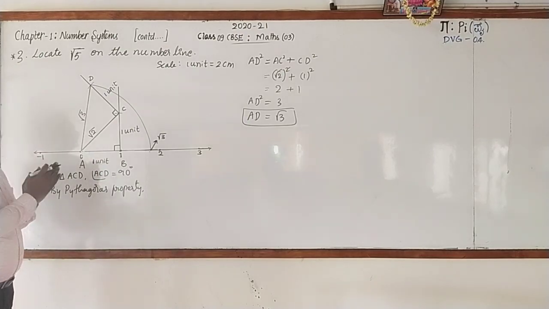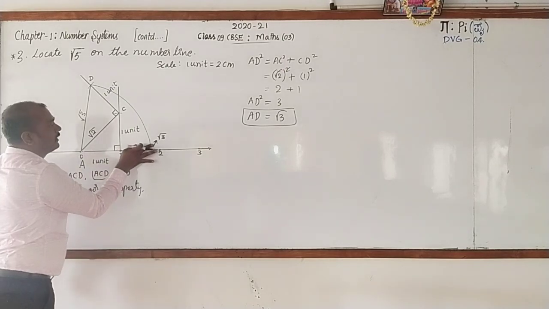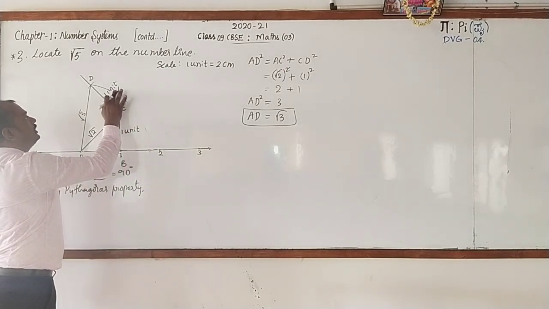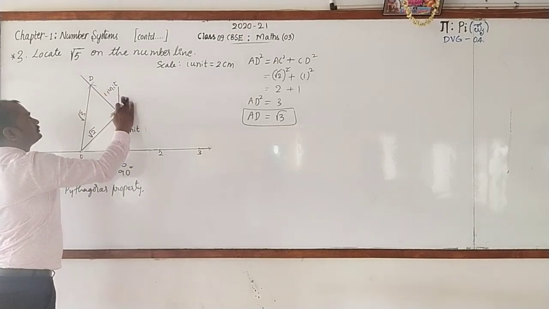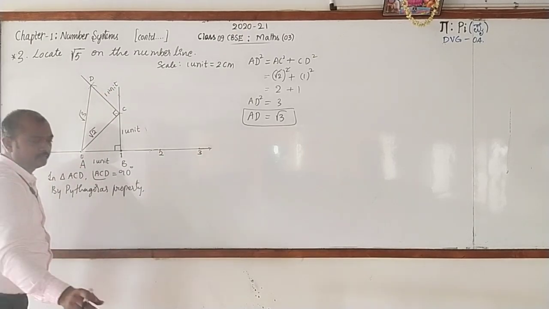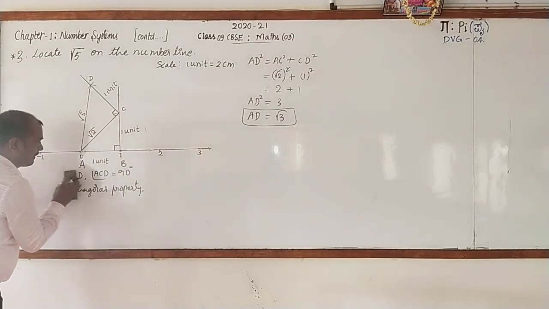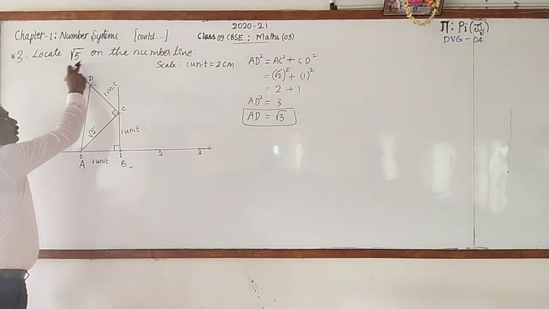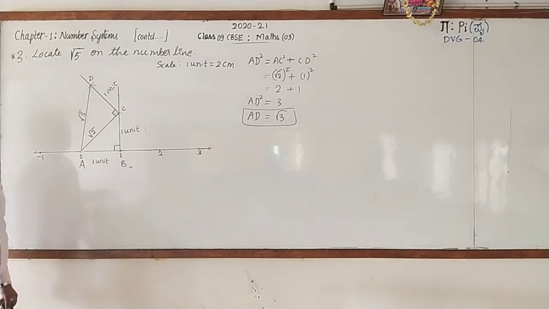And to construct root 3, you have to construct up to root 2, like this. I'm going to continue this one only. Okay, let us locate root 5 on the number line.